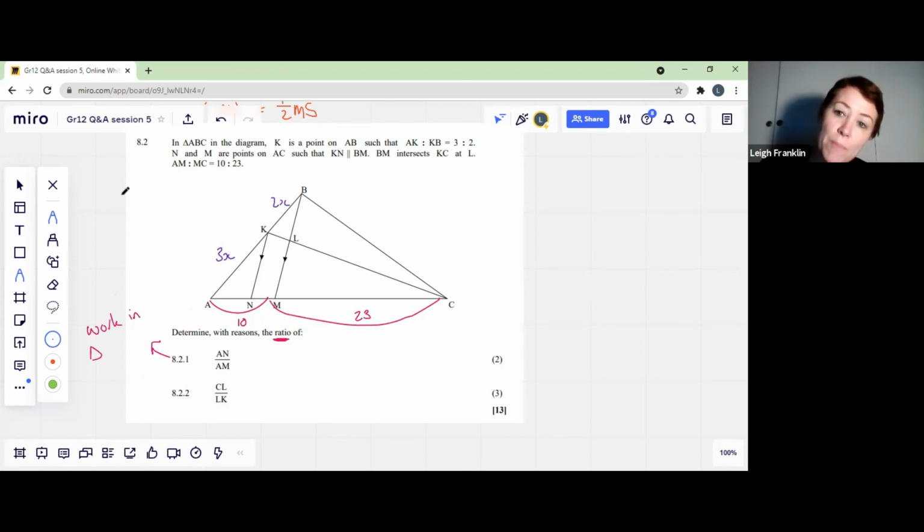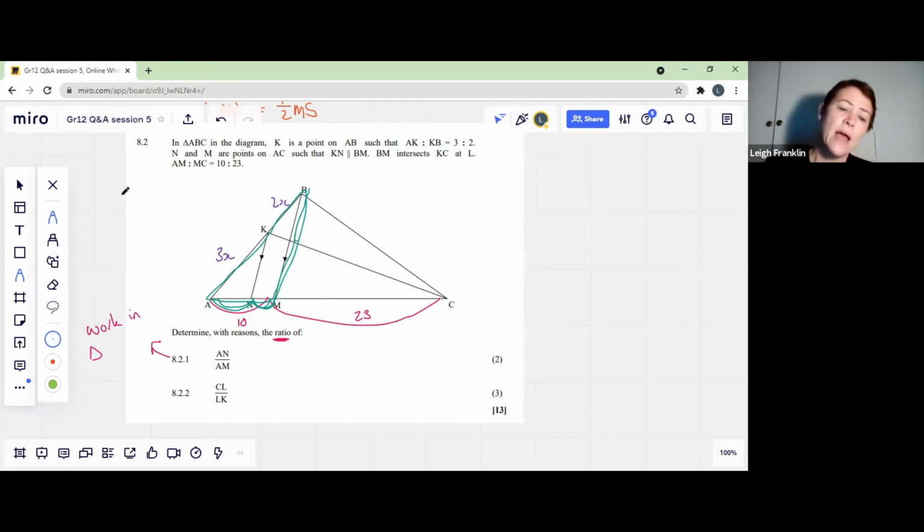Okay, so remember, if we're going to use proportionality intercept theorem, we have to be working in a triangle where we have one side parallel to the last side of the triangle. So in this case, we can see that AN, which is the side over here, over AM, they are directing us to this triangle. Okay, so triangle AMB.